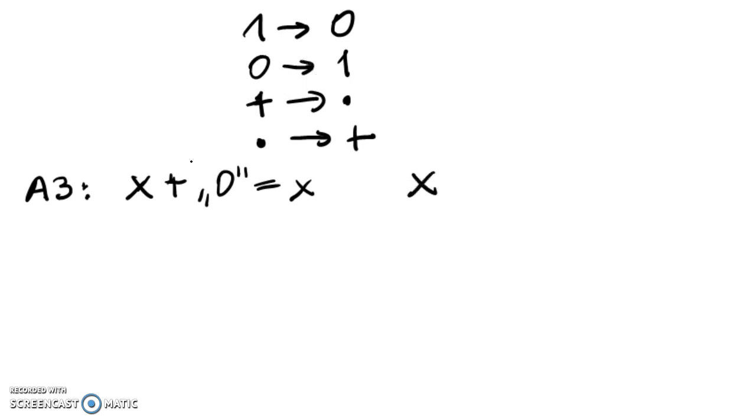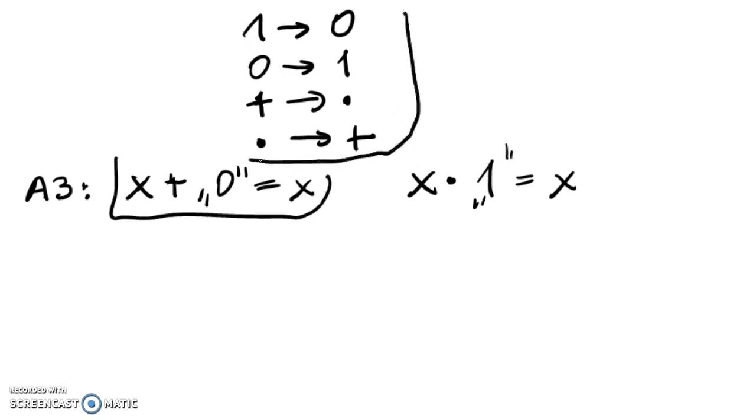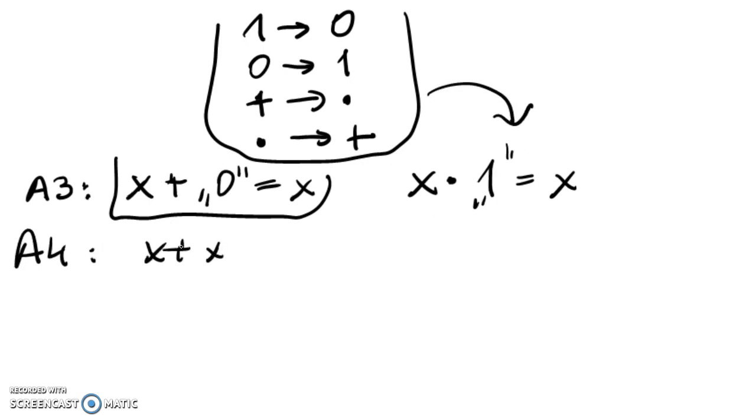Plus is substituted by dot, that's multiplication, and 0 by 1, and it equals X. You've got the second one. So memorize this simple rule, and you'll get this. A4, for example, X plus not X gives you 1, so having this rule in mind, X times not X equals 0, so 1 transformed to 0, and so on.